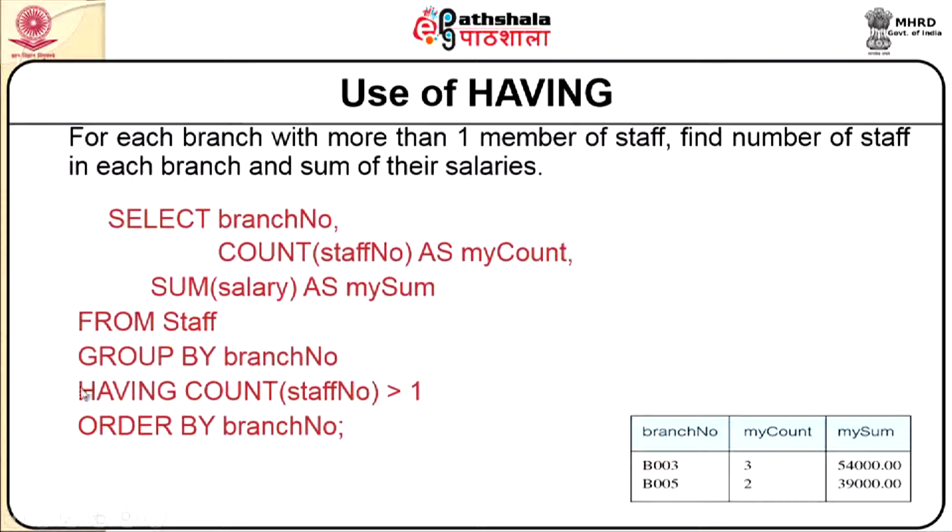So this is the recent indication which says any branch which has more than 1 staff needs to be highlighted based on their staff number and the total salary. I repeat, group by branch number having count staff number greater than 1 has completely avoided anything which had a count of 1.